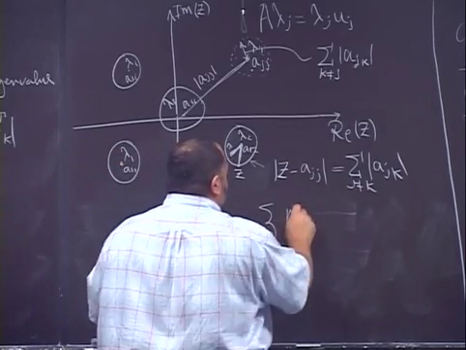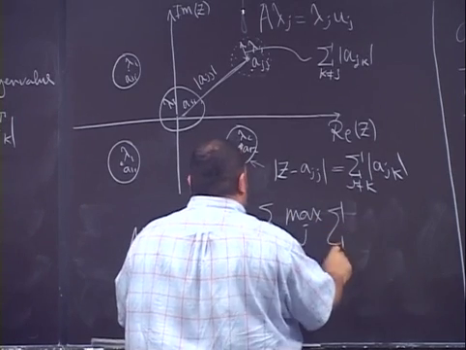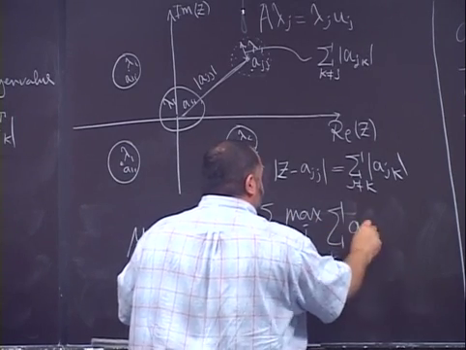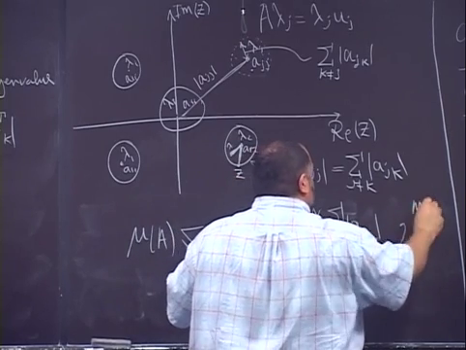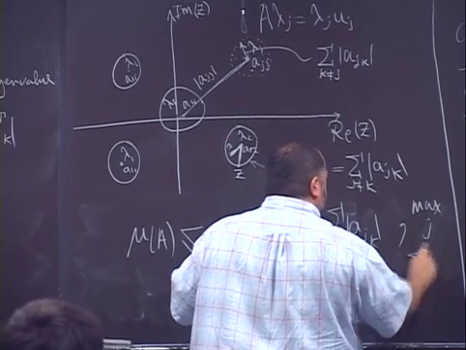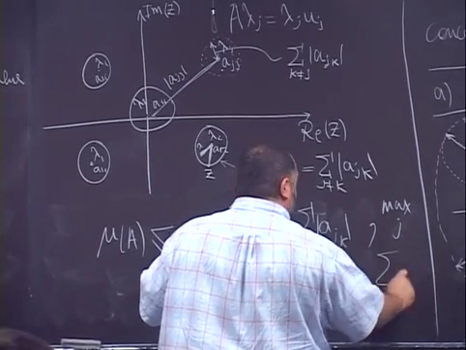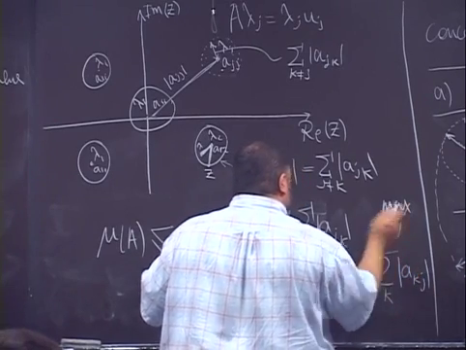So the minimum from the first one, which is if you sum over all the rows, so this is a_jk, and if you sum over all columns, so this is the summation over columns now for a_kj.